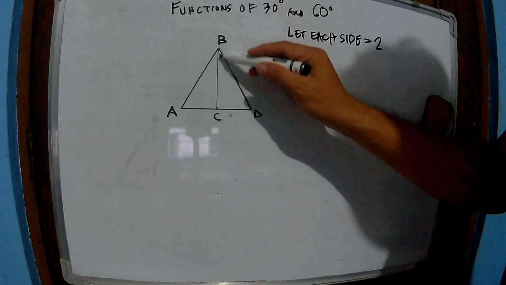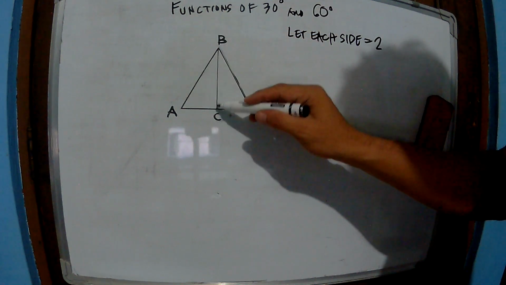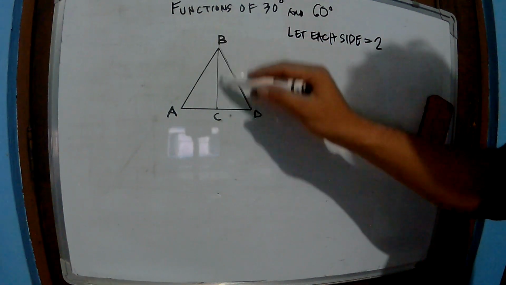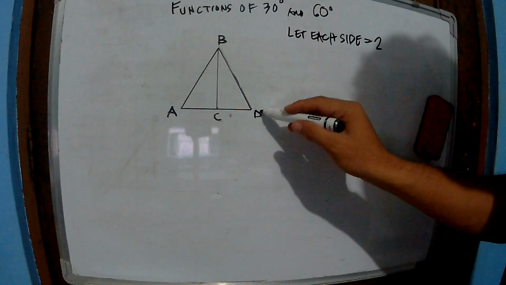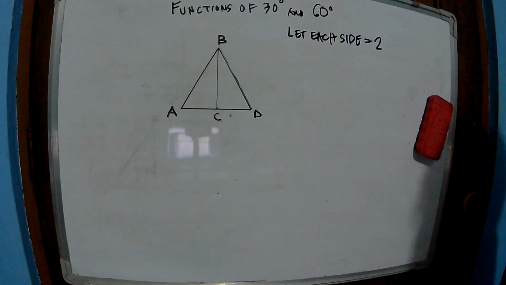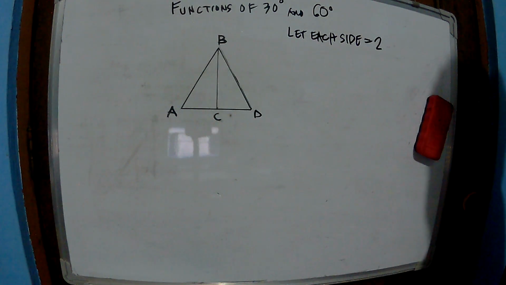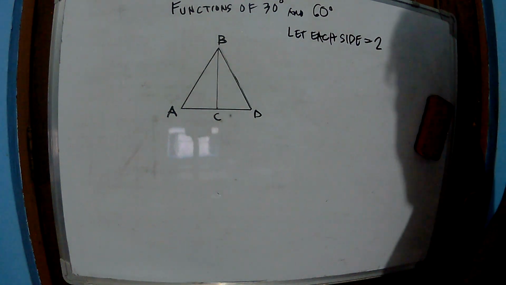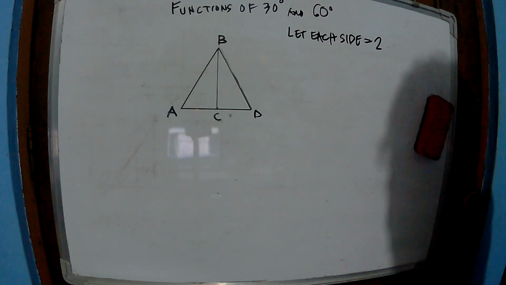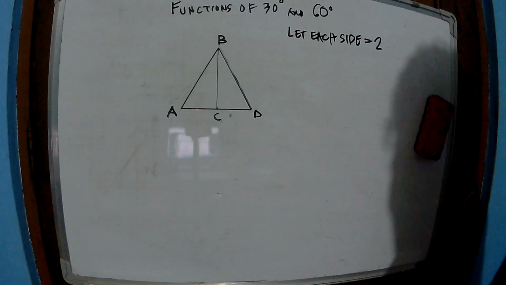So there's a line BC perpendicular to line AD. Then AD is bisected at C.